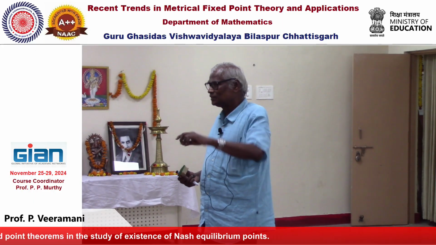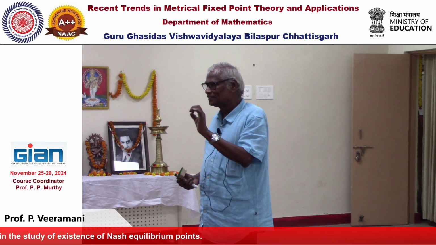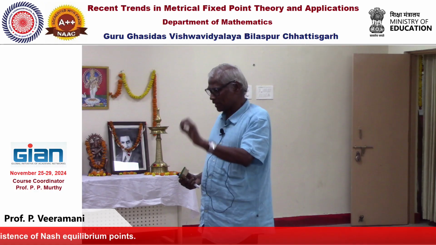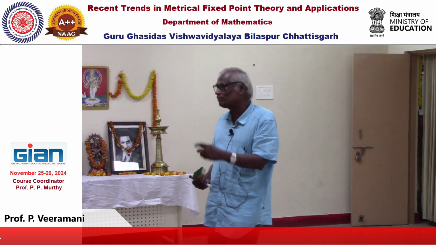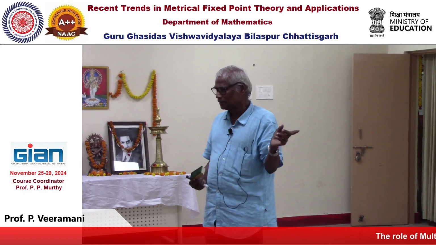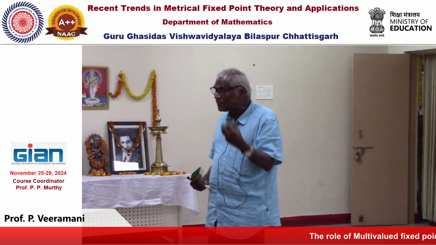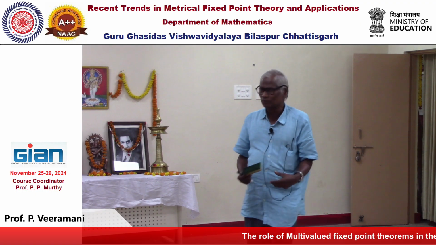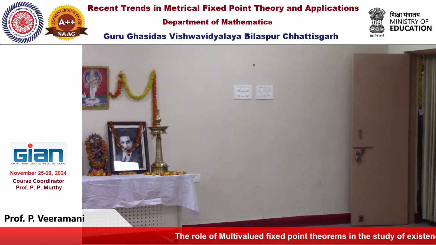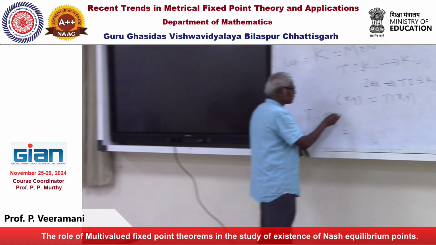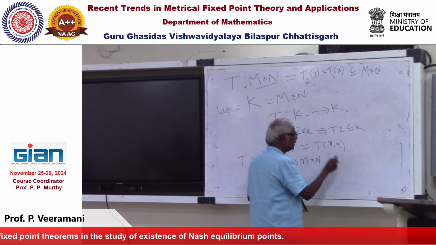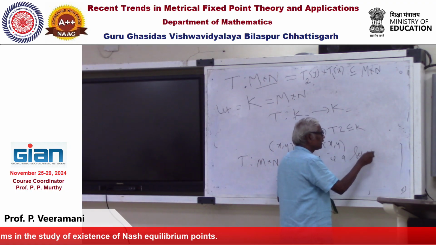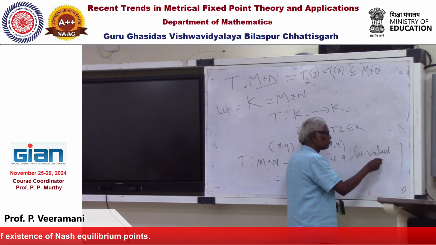That map we call a set valued map, or sometimes also called a multivalued map. So in a natural way, while doing game theory, we come to a multivalued map. That is T from m cross n to m cross n is a set valued map.